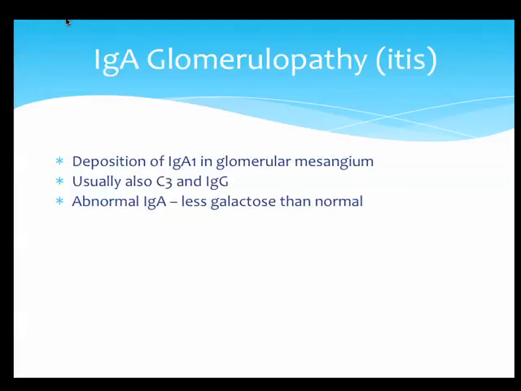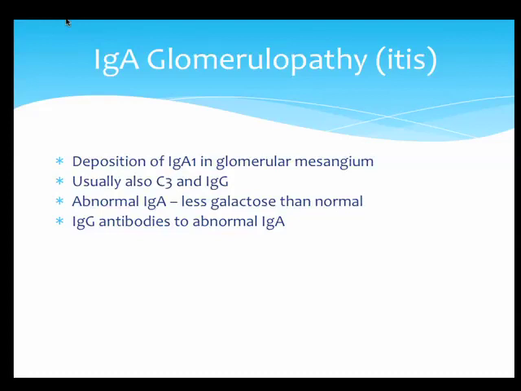We know that the IgA in these patients is abnormal and basically has less galactose in the IgA than a normal IgA molecule. Therefore, this abnormally galactosylated IgA becomes immunogenic, and patients make IgG autoantibodies to the abnormal IgA.